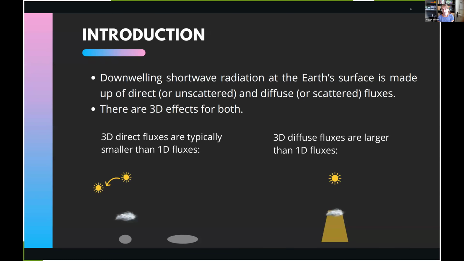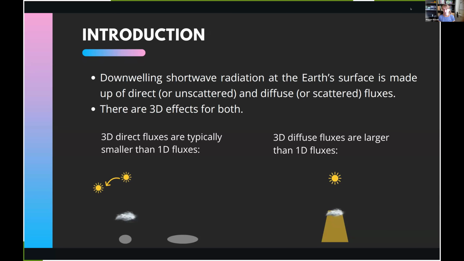When we make the 1D approximation, the sun is always directly overhead of the clouds, even as the solar zenith angle increases and physically the sun is getting lower in the sky. Whereas in 3D, when radiation can transfer horizontally, the shadows are displaced and stretched. Bigger shadows mean less direct flux.